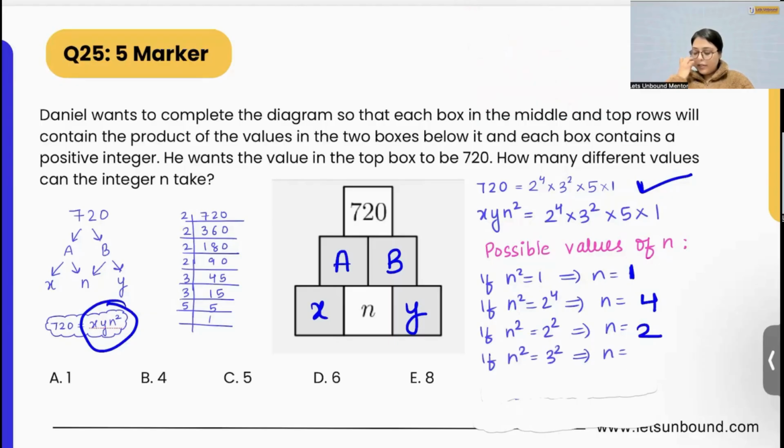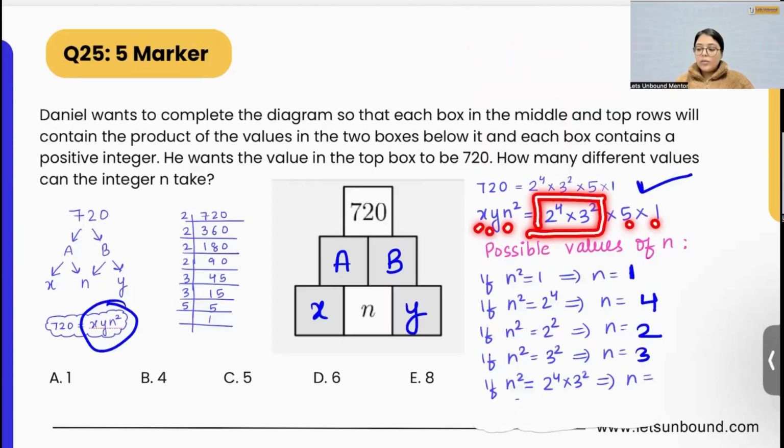Next we have, if n square is 3 square. Can you see? n square is 3 square, so n will be just 3. Next, if n square is 2 raised to 4 and 3 raised to 2, that means n square could be this also. Now you will say why? Because x could be 5 and y could be 1, or y could be 5 and x could be 1.